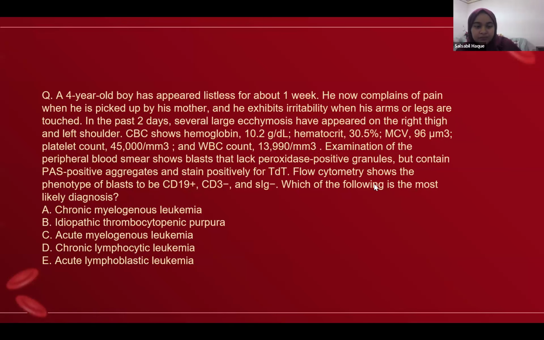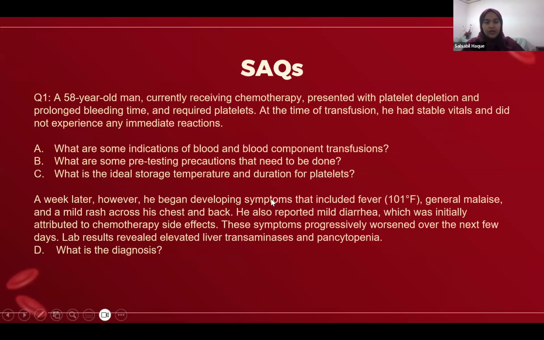Okay? E, perfect. So the dead giveaway is TdT. All right, acute lymphoblastic leukemia. The answer is E.